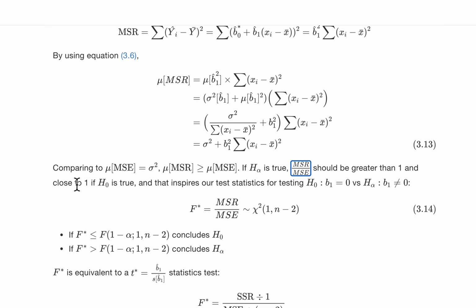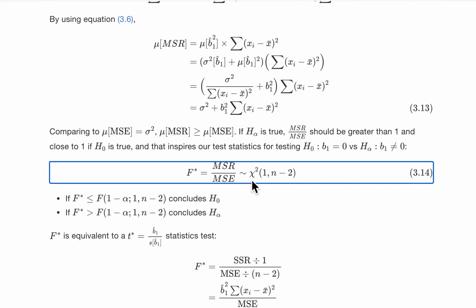And if H0 is true, then MSR divided by MSE should be close to 1. So now we have something we can use. That inspires our test statistic for testing H0, where b1 is 0, versus b1 not equal to 0. Now we can define that statistic as an F statistic.